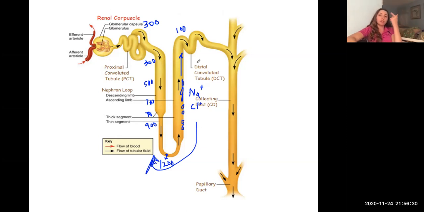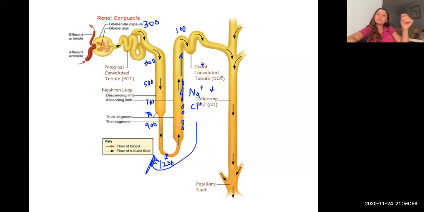As you get to the top, the distal convoluted tubule, or the distal portion of the nephron, which is this and this together, the collecting duct and the distal convoluted tubule. In these two, the thing that decides whether the water is going to stay in or move out is basically the presence of ADH.